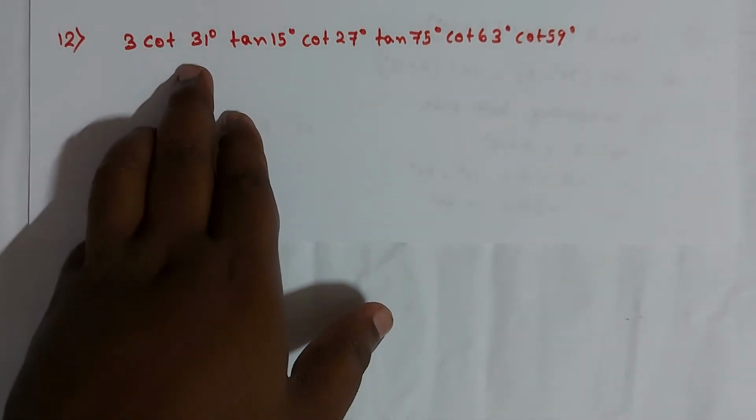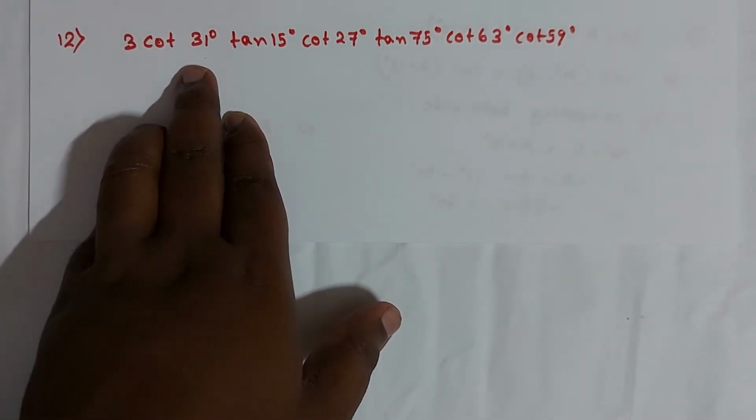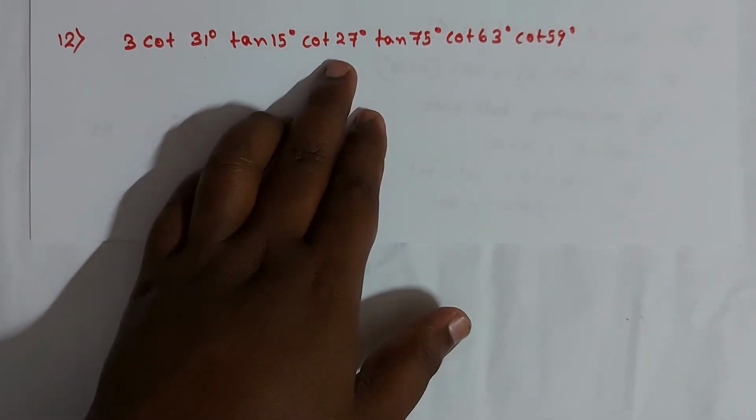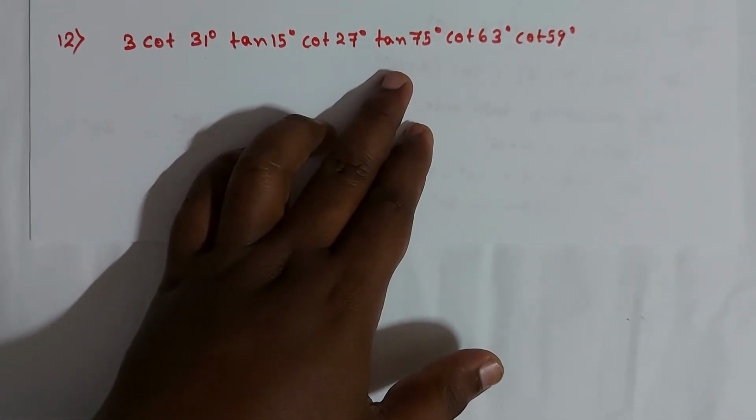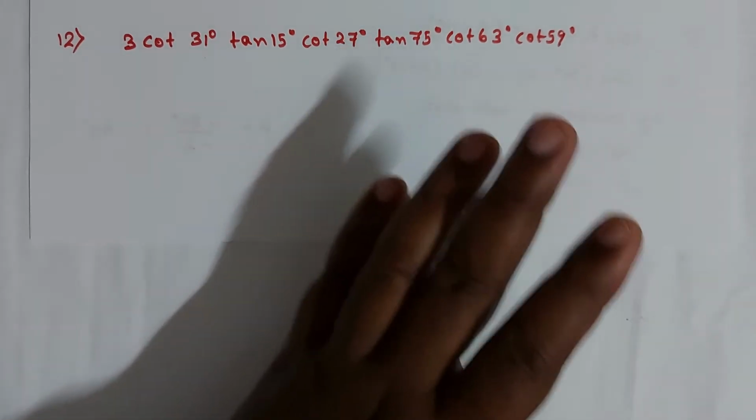Again, 3 cot 31, tan 15, cot 27, tan 75, cot 63, cot 59.